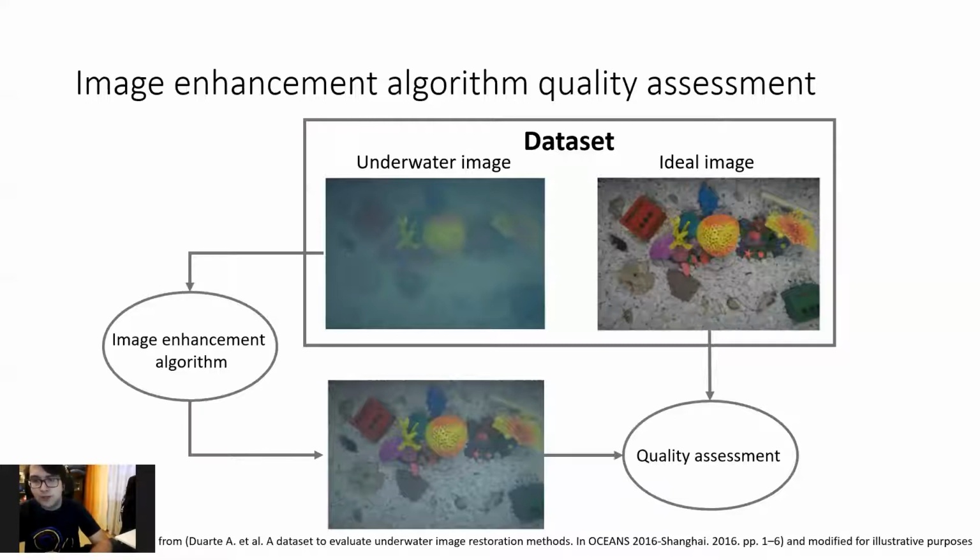On the top right is the image of the same scene taken in clear water, which is used as a reference. The underwater image is first processed by the enhancement algorithm. The result is shown in the bottom center, and then this result is compared with the reference image.